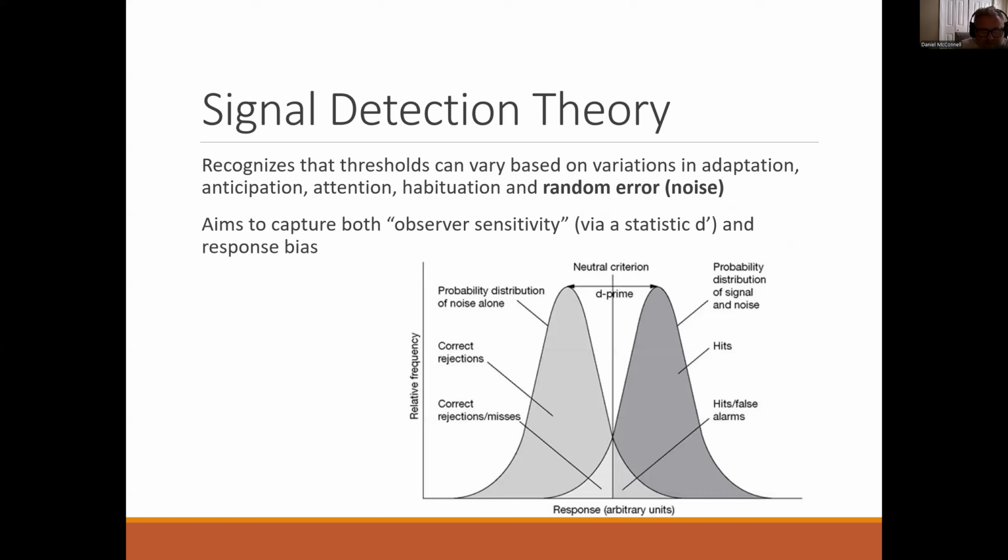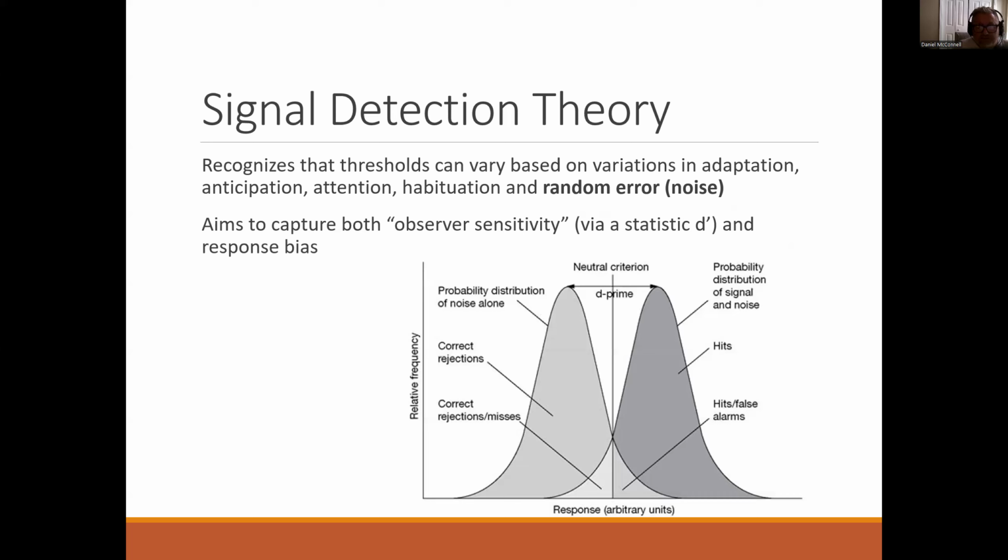What we can also see, though, is that sometimes we might have a false alarm, right? Because these two distributions overlap each other, it's possible that sometimes when the noise distribution is present, a subject might still say yes. This means that there's no stimulus, but our subject thought there was a stimulus. And we saw some examples of that in the earlier psychophysical methods video, right?